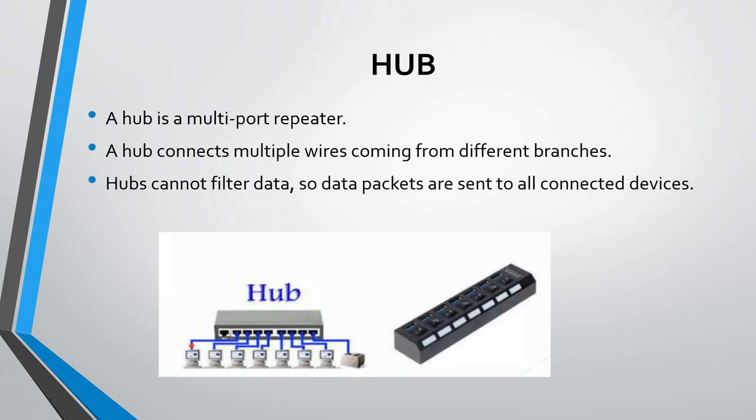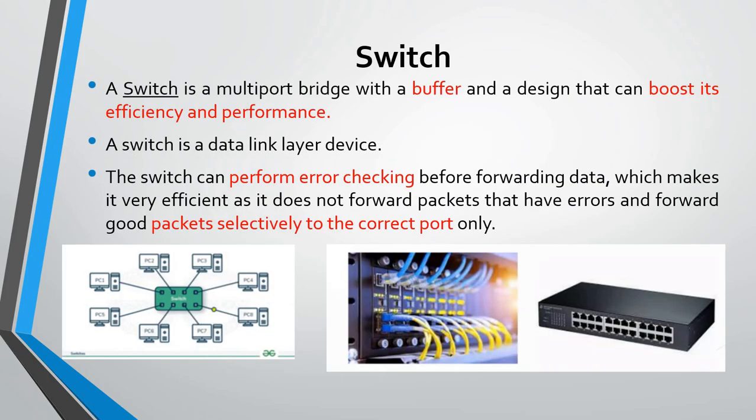A hub is a basic networking device used to connect multiple computers or network devices in a LAN. The main functionality of a hub is to receive data packets from one connected device and broadcast them to all other connected devices.